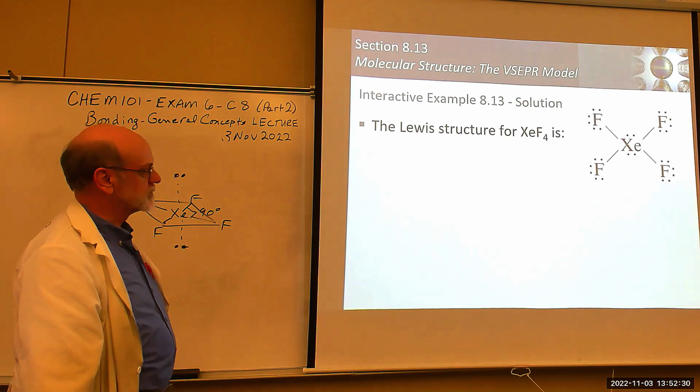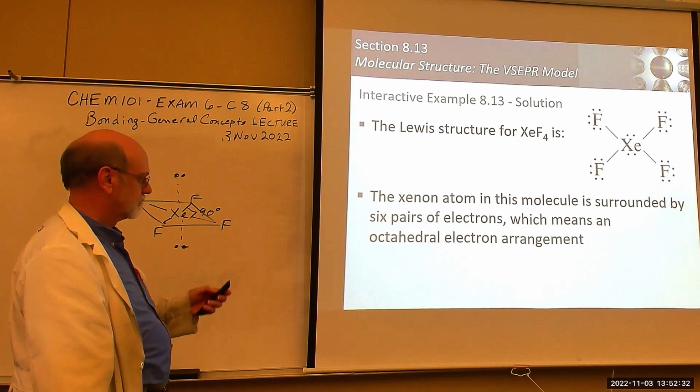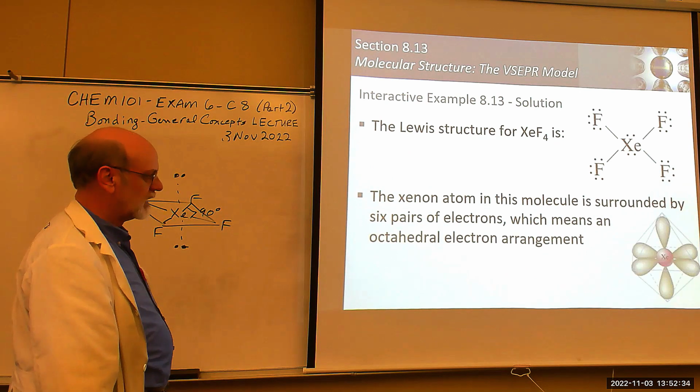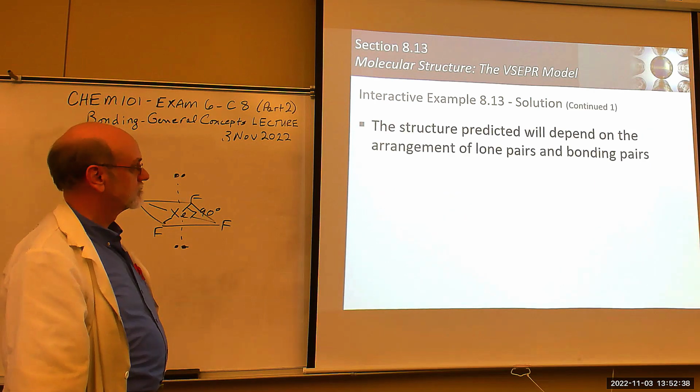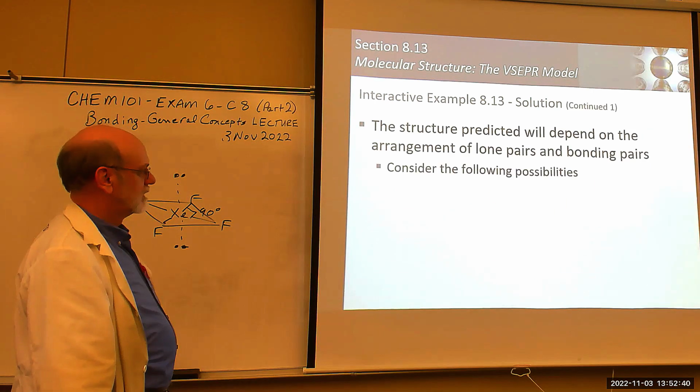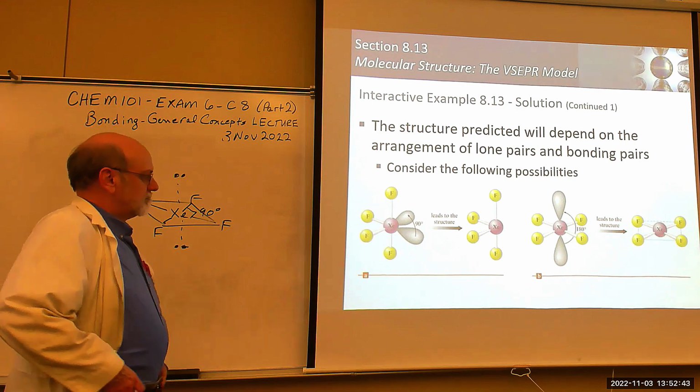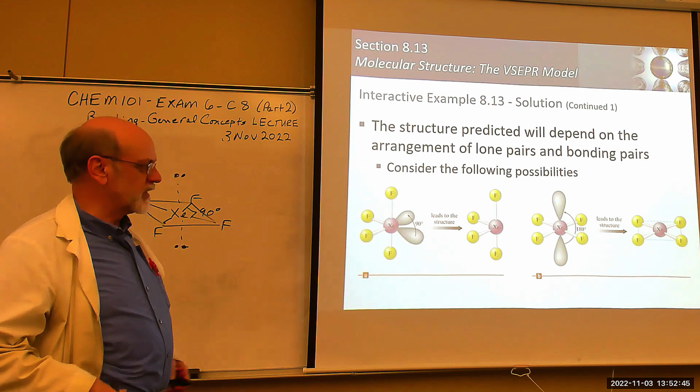Right, there it is. There's the Lewis dot structure. We have an octahedral electronic structure. Oh, this considers various possibilities.